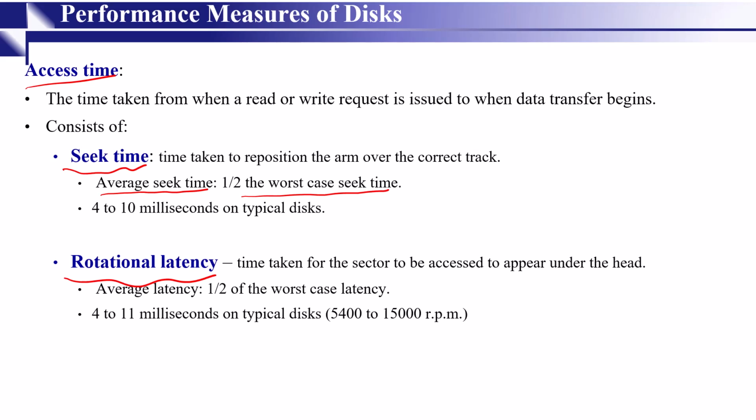Then we have rotational latency, the time it takes for the required sector to rotate under the disk head. The average rotational latency is about half of the worst case latency, which is typically 4 to 11 milliseconds depending on the disk's rotational speed, ranging from 5,400 to 15,000 rounds per minute.